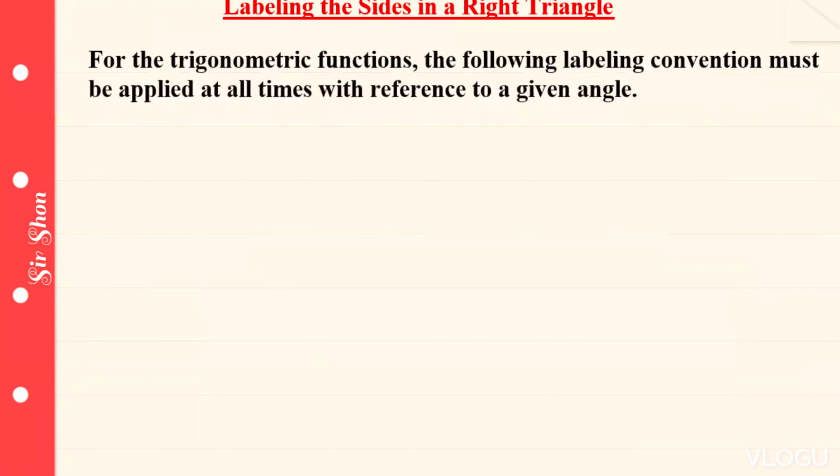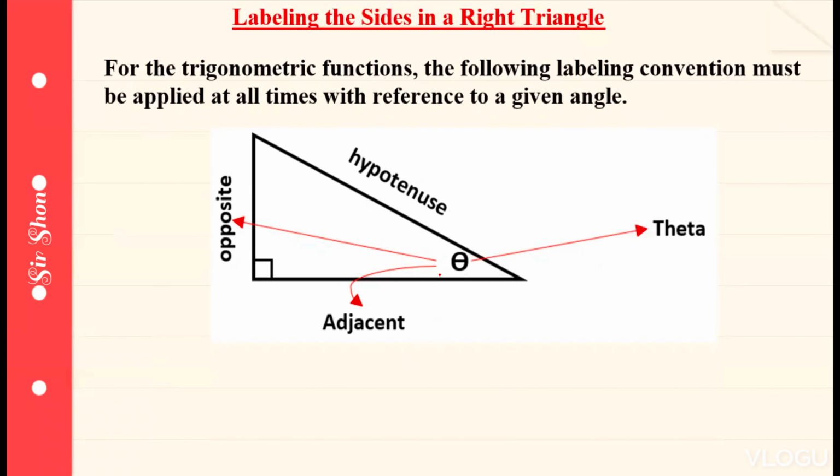For the trigonometric functions, the following labeling convention must be applied at all times with reference to a given angle. So in this triangle, this symbol is called theta, which represents the measure of the angle. The side beside theta is called the adjacent side.